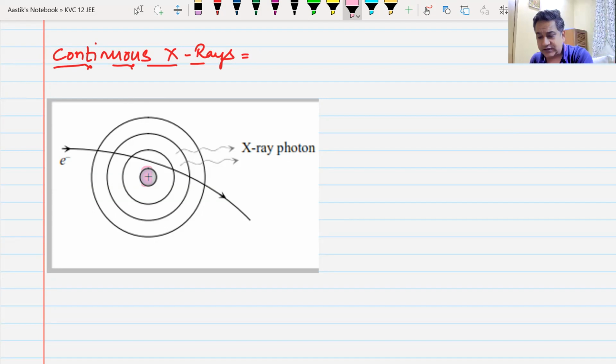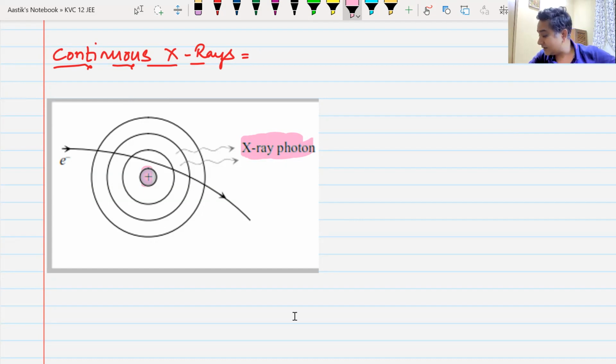Their path is getting deflected, continuously the electron is getting decelerated, continuously it is losing energy, and that loss in energy is emitted in the form of X-rays. These X-rays are known as continuous X-rays.